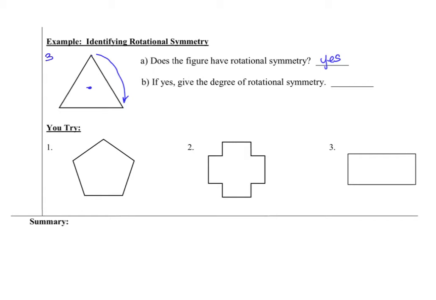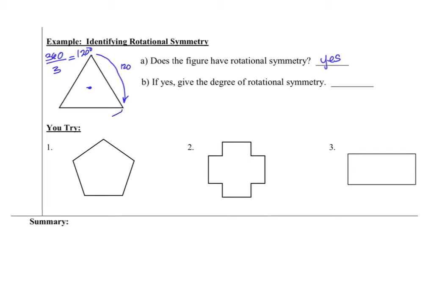So if I do 360 divided by the 3 vertices that you have, each turn is going to be 120 degrees. So if I start here and I turn it 120 degrees, that means that this corner would then be down here, but it would look the exact same.